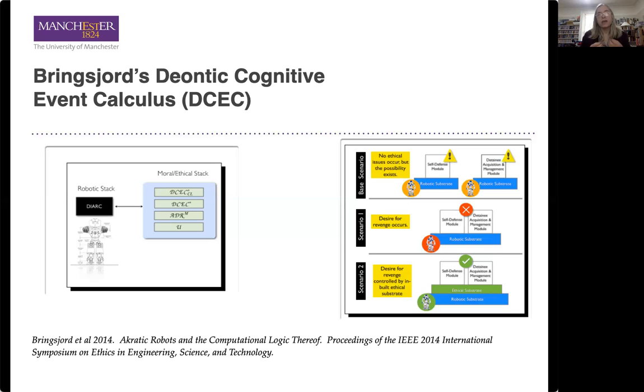And the theorem prover can be used to detect inconsistency. So the self-defense system is saying you should attack this prisoner who's attacked you. Your ethical system says you should refrain from harming him because they're a prisoner, and you detect that you've got this conflict there, and then the ethical reasoning can take priority.